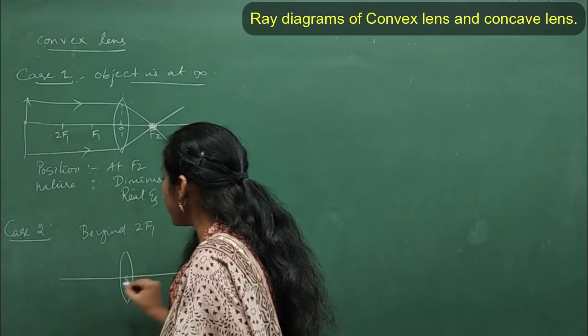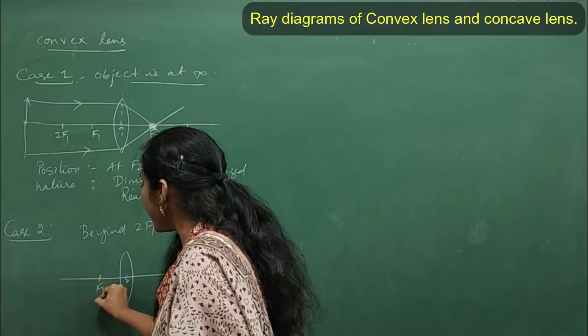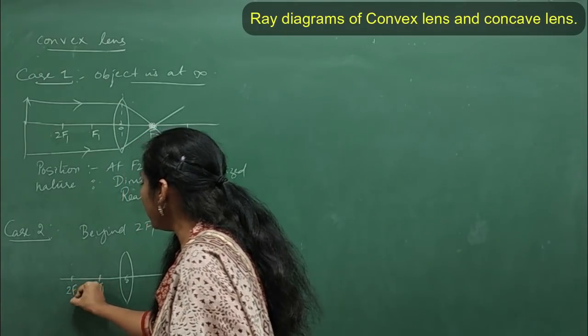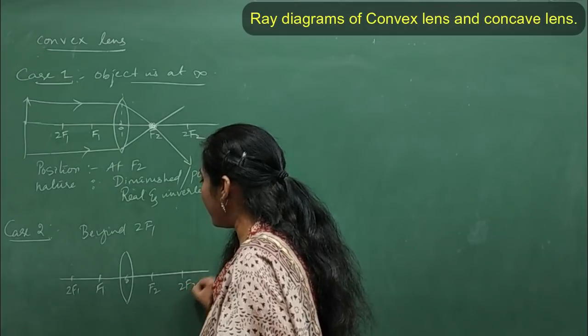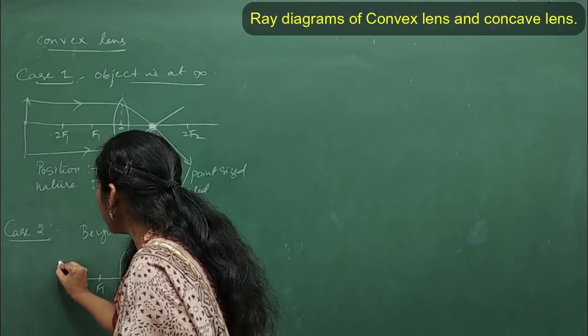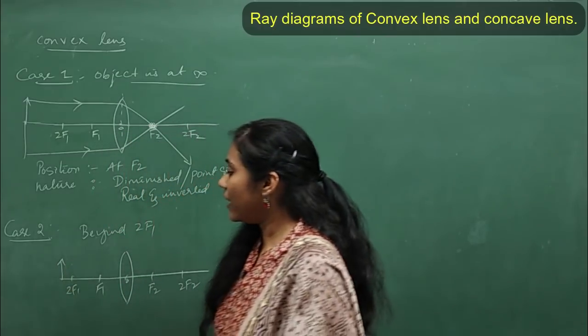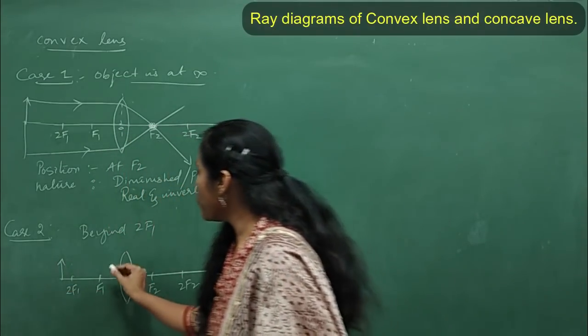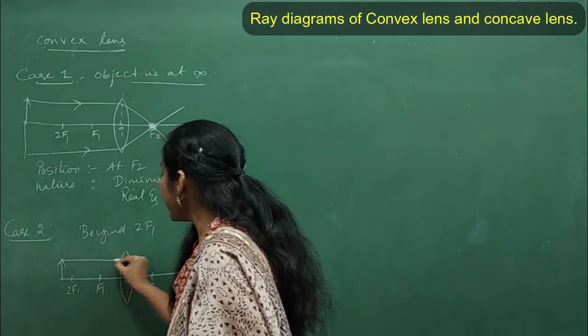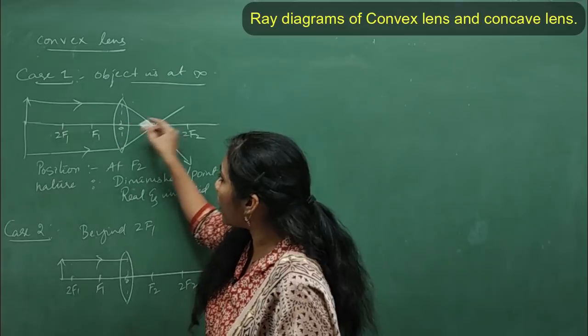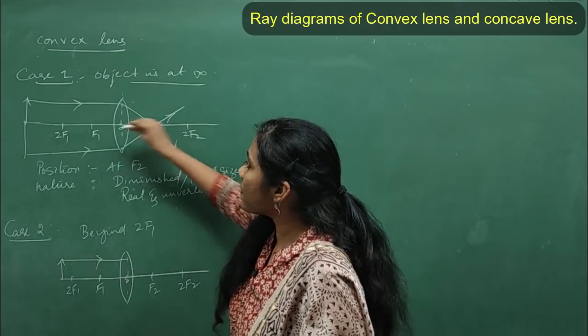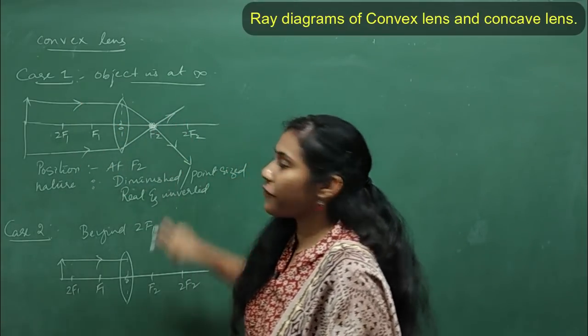So this is your principal axis, and this is f1, 2f1, right? And this is f2, and this is 2f2, right? And our object is just behind our 2f1. So you will draw one incident ray, that is, see, you have to show the arrow marks properly. Show the arrow marks both in incident ray as well as refracted rays.